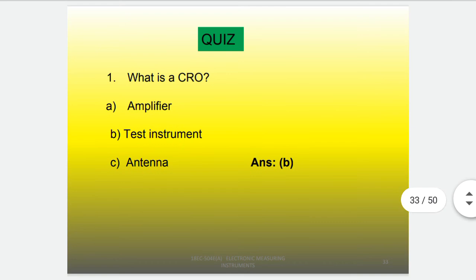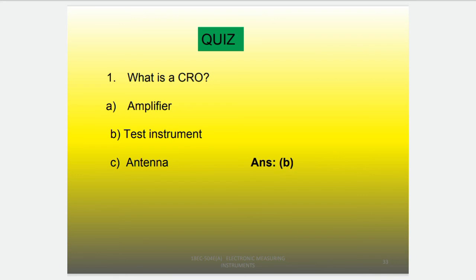Now let us discuss some multiple choice questions, just like a quiz. First question, what is a CRO? Options: A. Amplifier, B. Test instrument, C. Antenna.